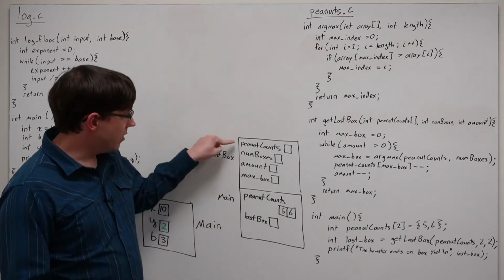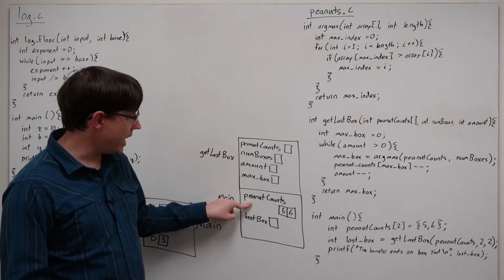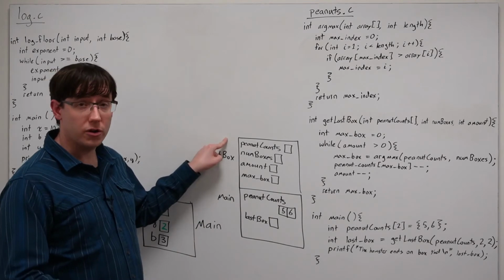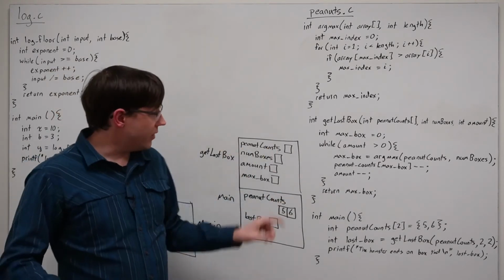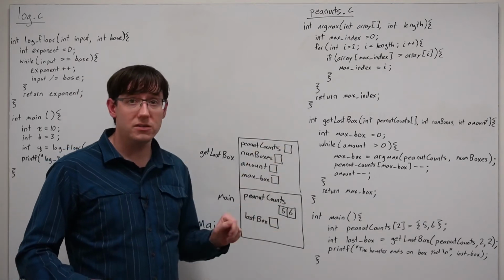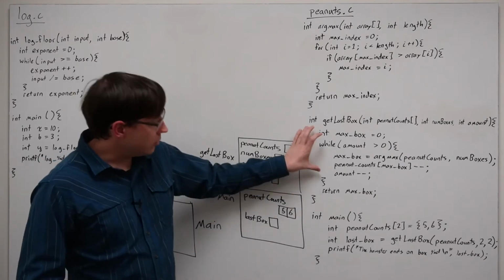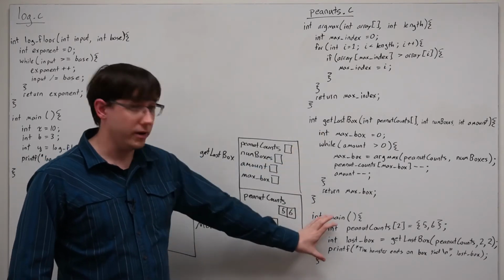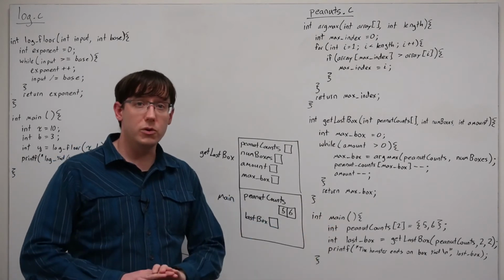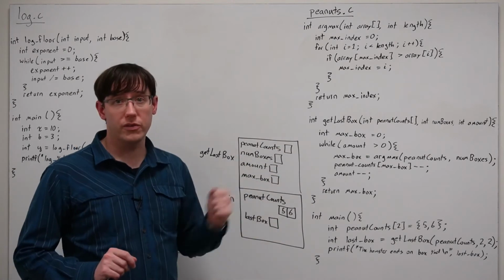One is that we have variables called peanut counts in main and in this function, but those are different variables that are located in different places in memory. And this corresponds to the idea that a local variable in a function is different from a local variable in another function. Those are separate scopes, and they refer to different locations in memory.